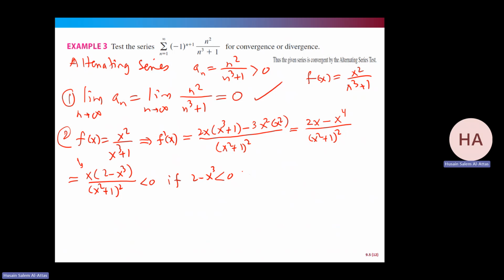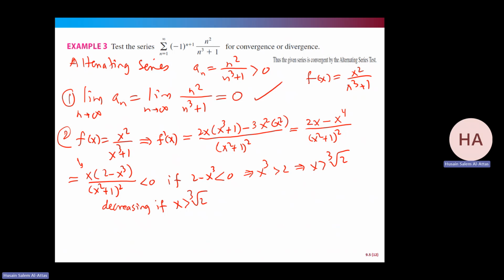That implies x cubed will be greater than 2, which means x greater than cube root of 2. So this series is decreasing if x is greater than cube root of 2, which is more than 1.